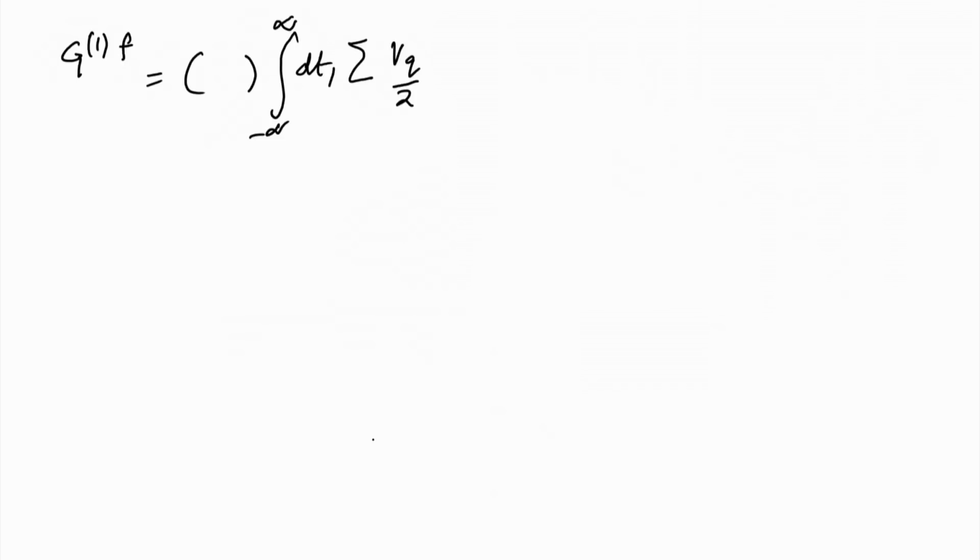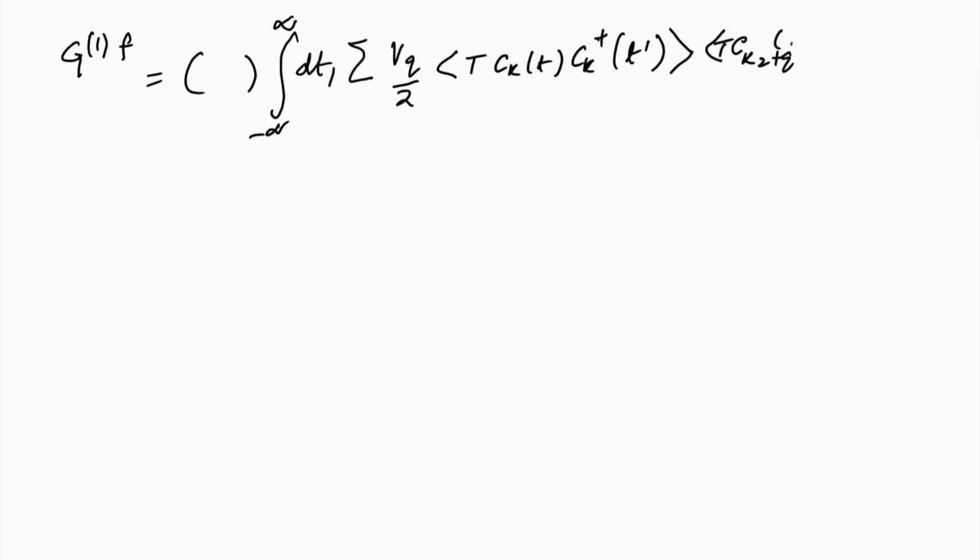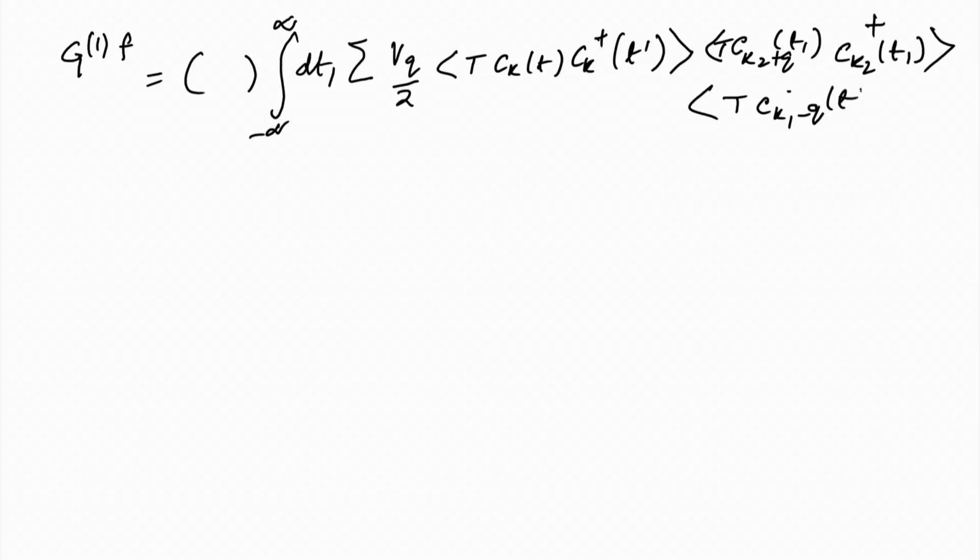Forgetting this 2 does not matter for drawing the diagrams, but for getting the final answer this factor of 2 will be important. T C k T C k dagger T prime, C time ordered C k 2 plus q T 1 and C k 2 dagger T 1, then T C k 1 minus q T 1 and C k 1 dagger T 1.